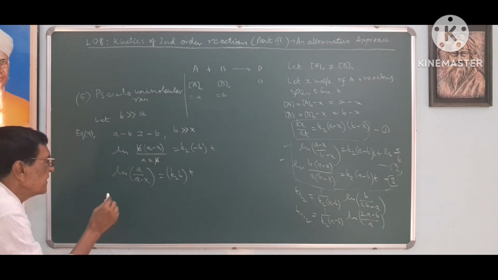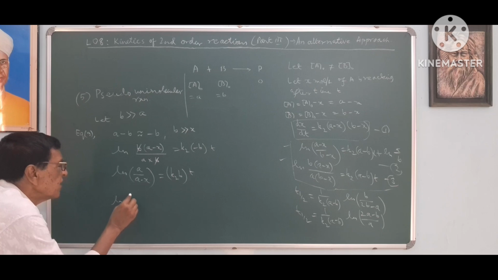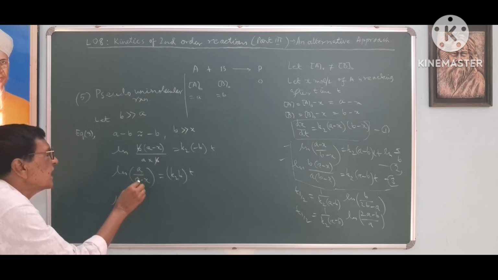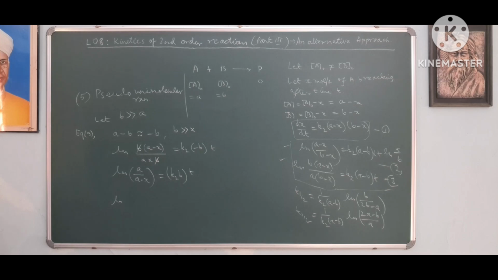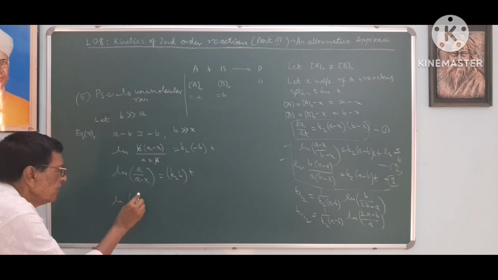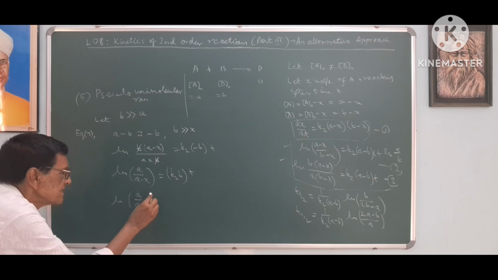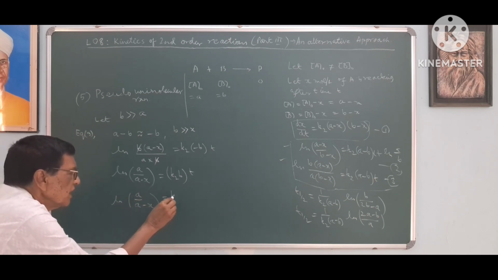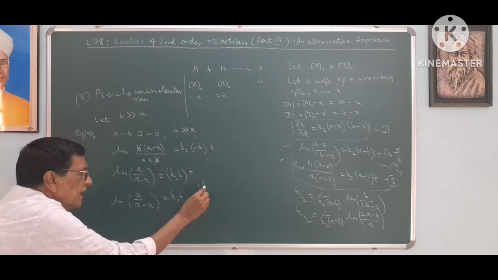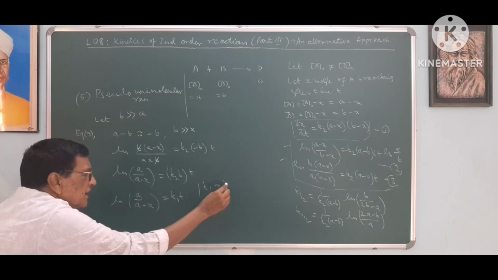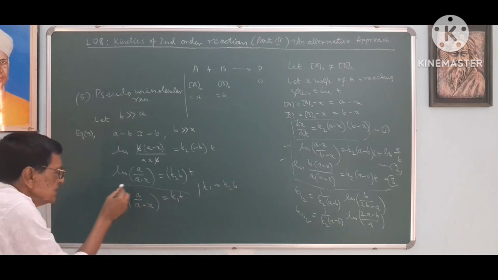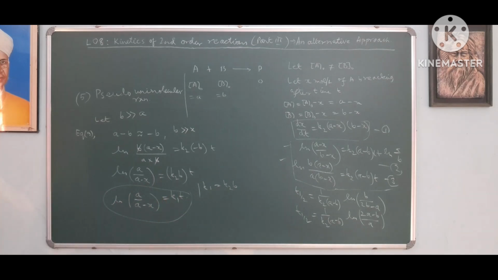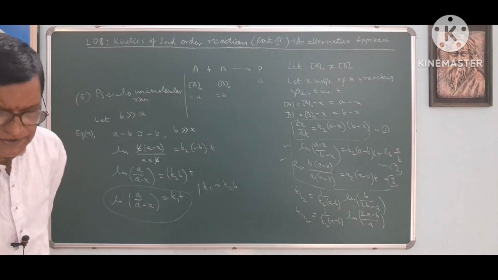So ln A by A minus X equals K1 t, where K1 equals K2 B. So this is actually first order kinetics.